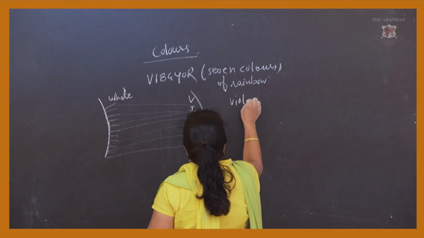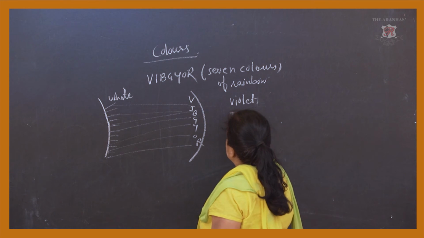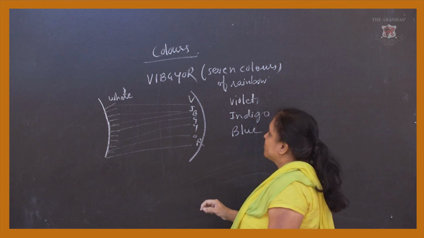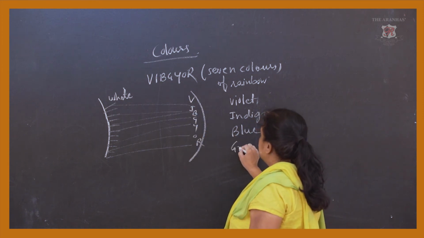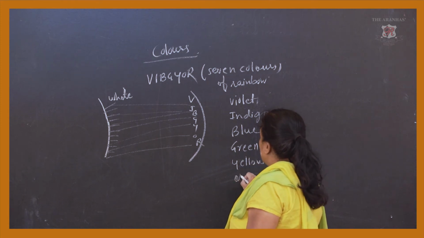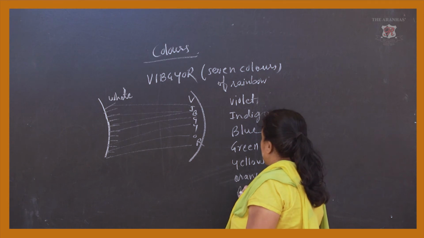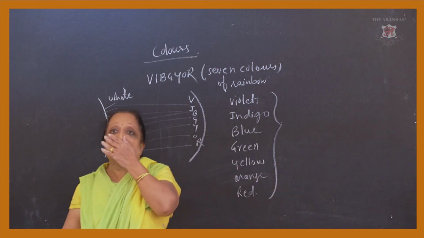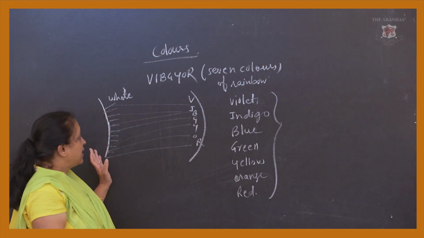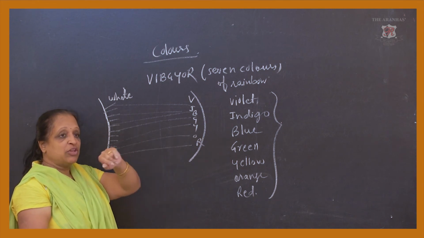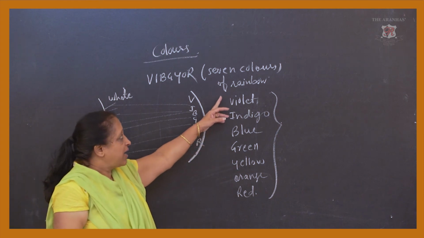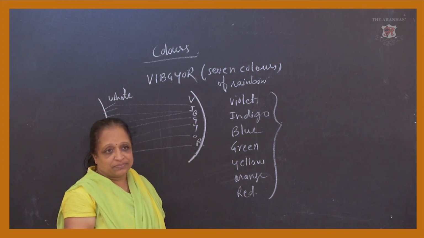V stands for violet, I stands for indigo, B stands for blue, G stands for green, Y stands for yellow, O stands for orange, and R stands for red. So this is called VIBGYOR. VIBGYOR is nothing but when the sunlight spreads in all directions, you find a band of these 7 colors, which are described as VIBGYOR.